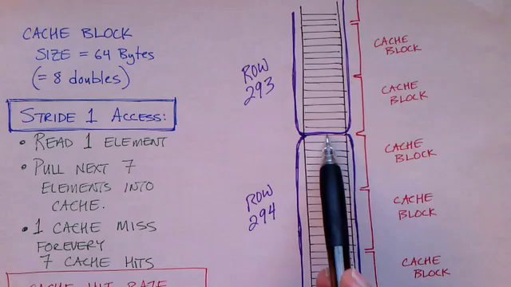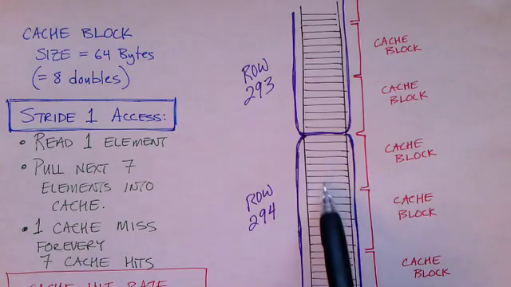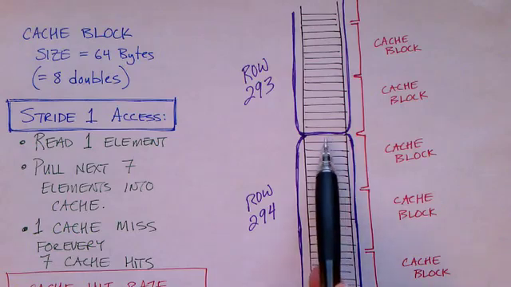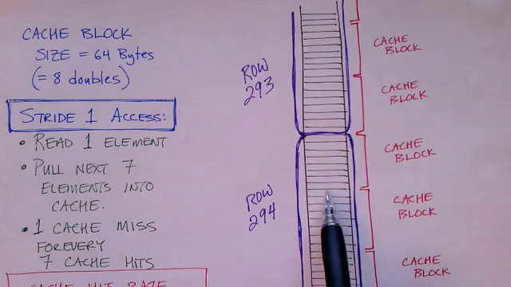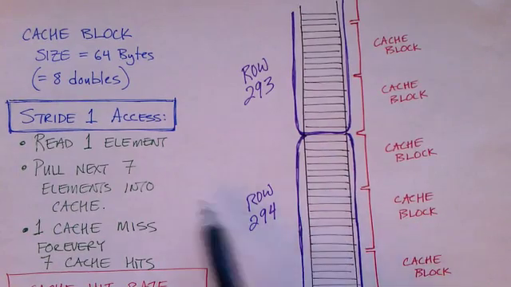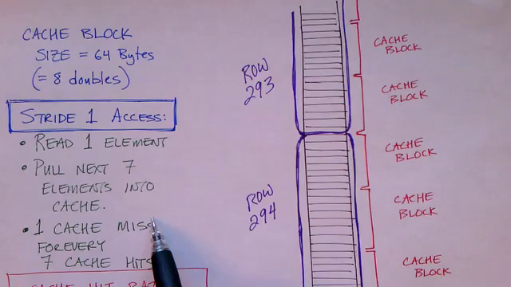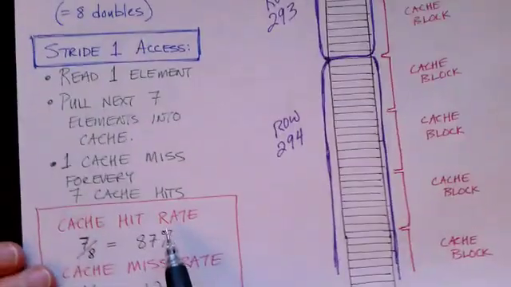And since it has a stride 1 behavior, it's going to then access those elements next, and those will already be in the cache now. So the first element will cause a cache miss because it's not in the cache, and we pull that block in, but the remaining 7 accesses will be cache hits. So we have 1 cache miss for every 7 cache hits.